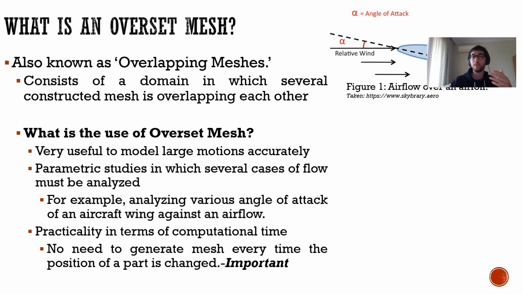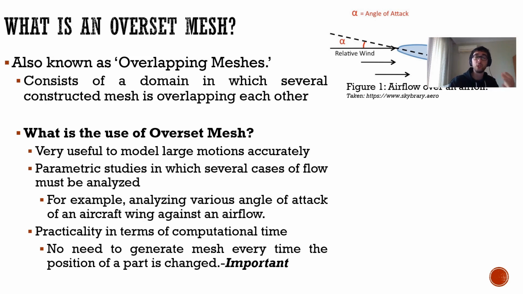And it also allows us to do parametric studies in which several cases of flow must be analyzed, such as in our case in this simulation, that we will analyze. We will be analyzing the various angles of attack of an aircraft wing against an airflow.